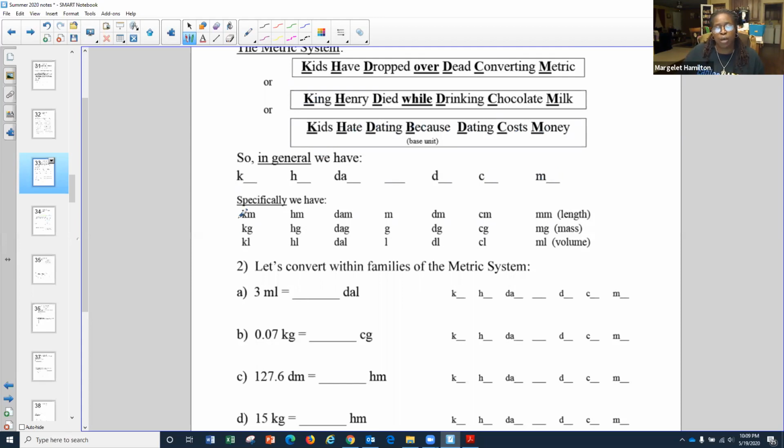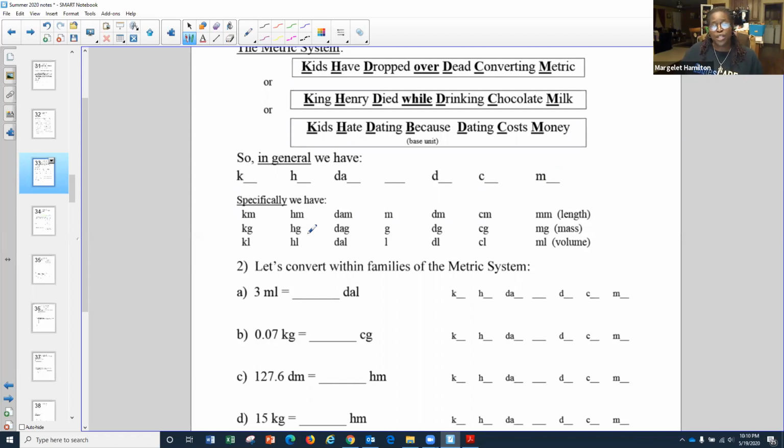What are we talking about? Kilometers, hectometers, decameters, our base unit, which will be meters, decimeters, centimeters, millimeters. Now we've heard of some of these, probably all of them, but now we know the order or structure of them.